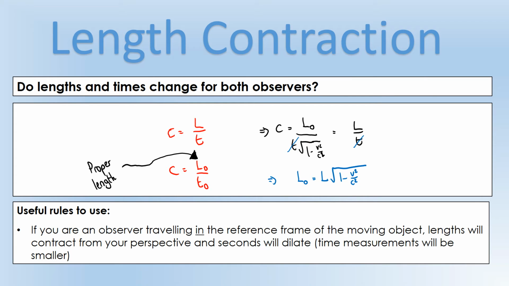A question might be, do lengths and times change for both observers? So I think I want to boil this down to one thing. The way I think about this is that if you're an observer traveling in the reference frame of the moving object, lengths will contract from your perspective and seconds will get longer, or time measurements will get smaller.